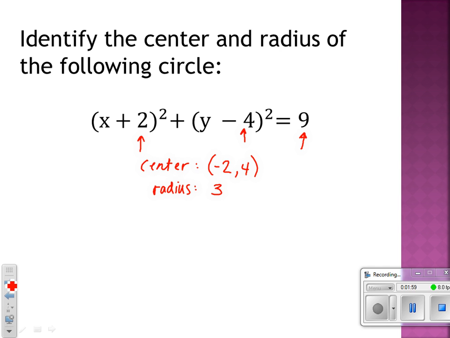In order to have that plus 2 with x, remember that the h value must be a negative 2. And to have that 4 behind the minus sign with the y, it must have just been a 4. The constant at the end, remember, in standard form is the square of the radius. So the radius on this one, if there's a 9 back there, must have been a 3.